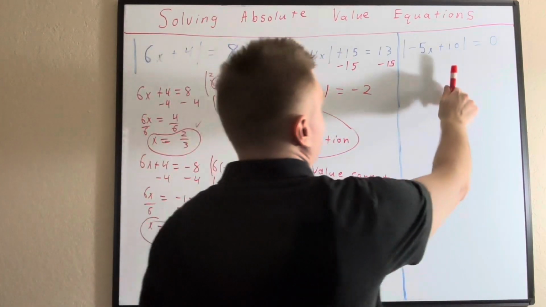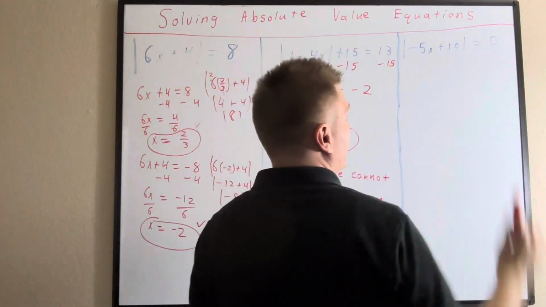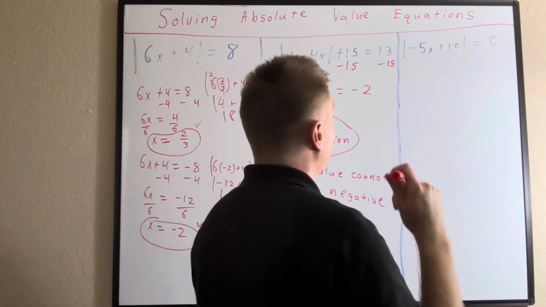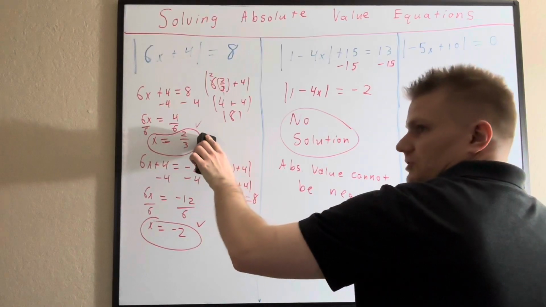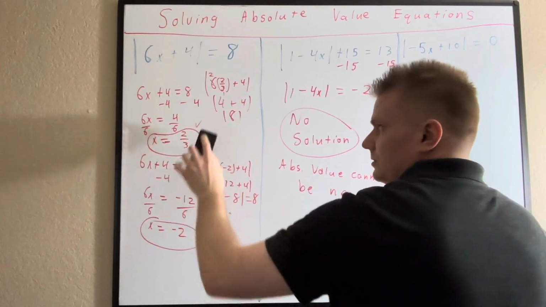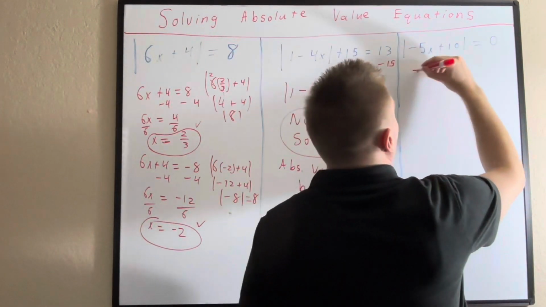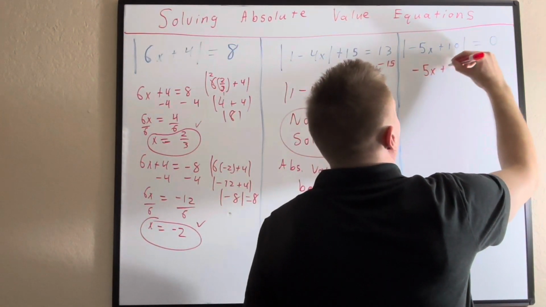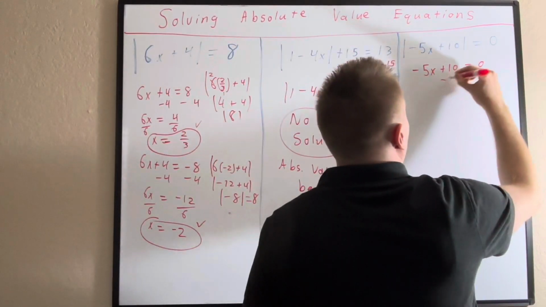All right, let's do this one now. Well, if it can't be negative, can it be 0? Sure, but we only have to do it once because there's no negative version of 0. There's no positive version of 0, really. It's just 0. So, negative 5x plus 10 equal to 0.